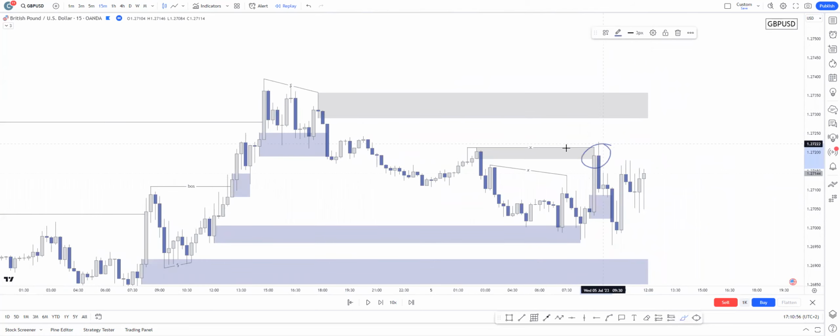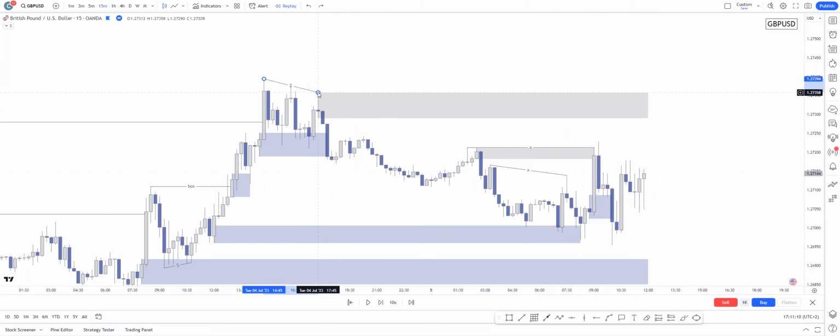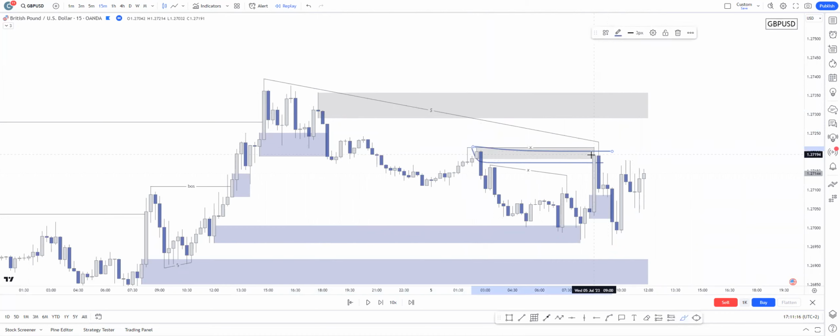Or if this zone wouldn't be strong enough to hold the price, then I would expect some confirmation entry here, but this zone had a greater chance to be swept because there was literally perfect liquidity above it. And if we adjust this line right here with this mitigation on this 15-minute supply, price has just printed the fourth touch of this trendline liquidity.